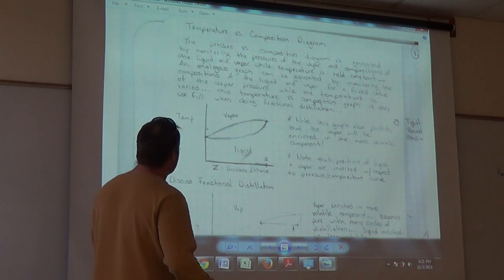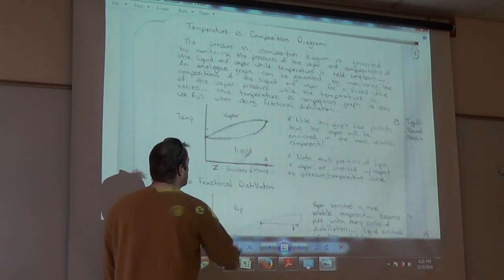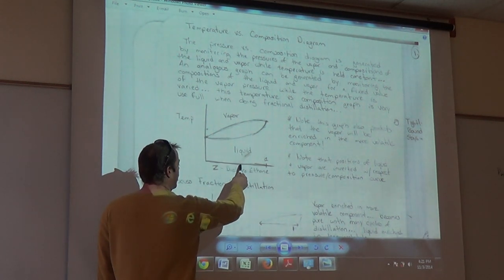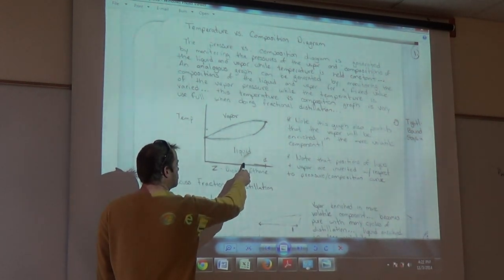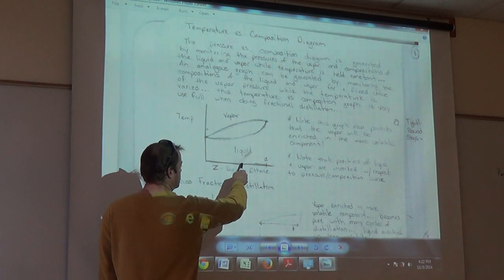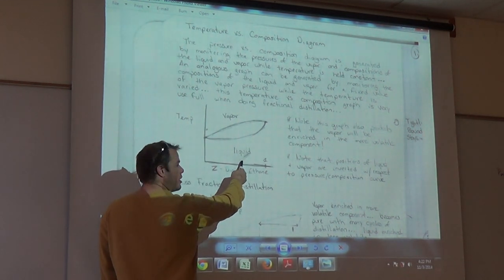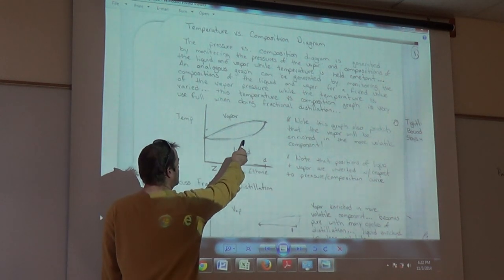We can use this graph in an analogous way to the way that we use this one. For the sake of learning how to use it, pick an arbitrary mole fraction where the total composition of the system has some particular value of z, start at that point, and tell yourself that you're going to increase the temperature.